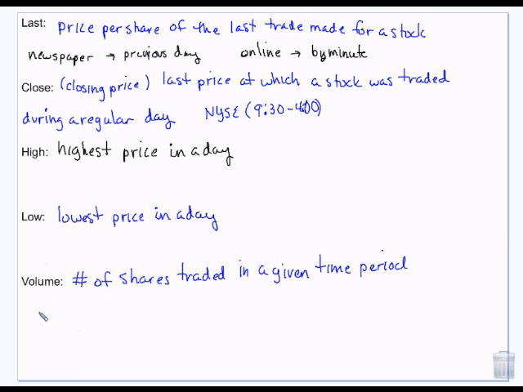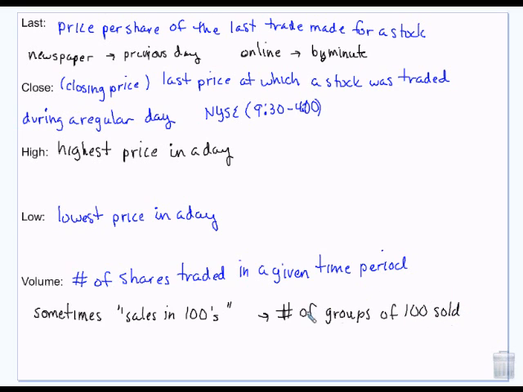Most frequently, it's listed as sales in the hundreds, so that's the number of groups of 100. Because sometimes the volumes get really high, it's easier to break them into groups of 100, and then you have a lower number to talk about.